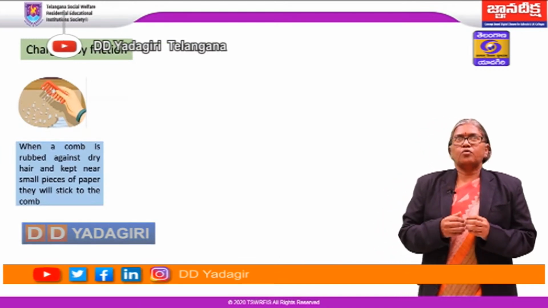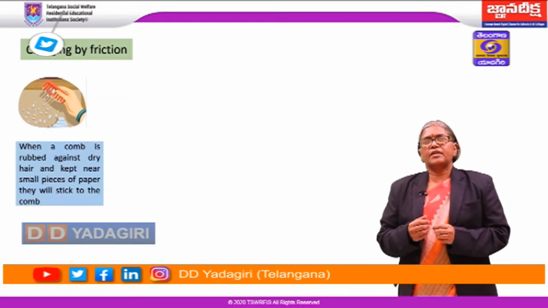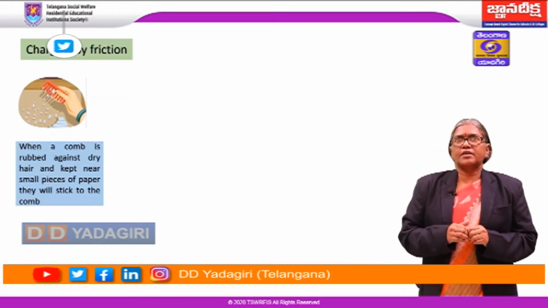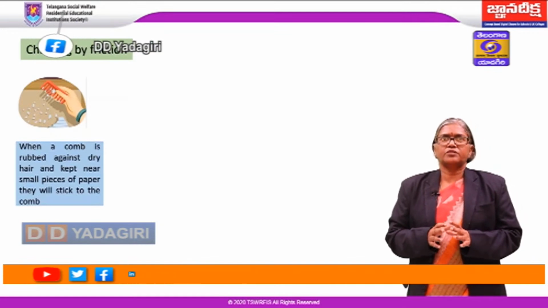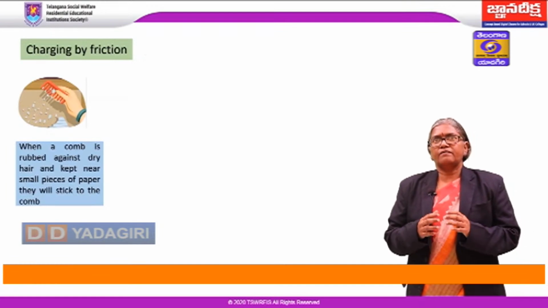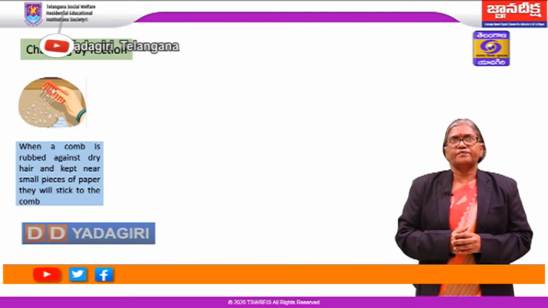The object with more electron affinity takes electrons from objects with less electron affinity. The object which takes electrons is having net negative charge and becomes negatively charged body. The object which loses the electrons is having net positive charge and becomes positively charged body.